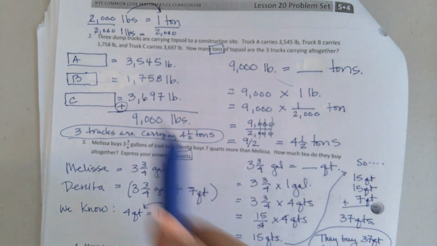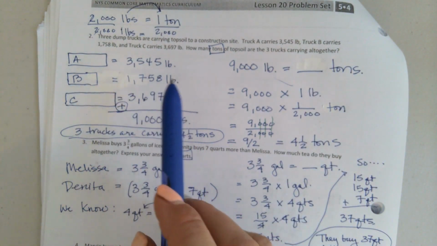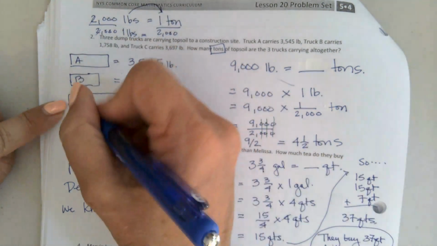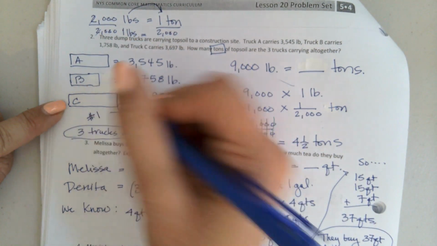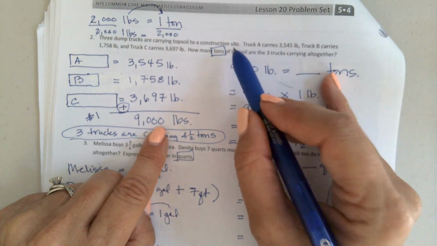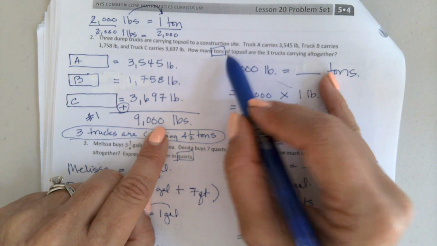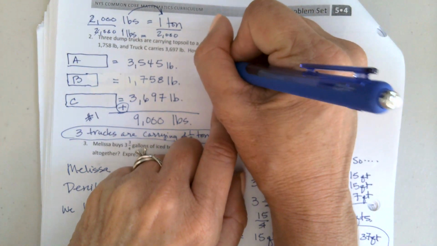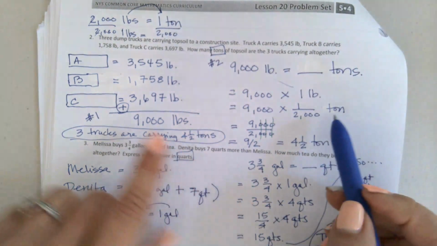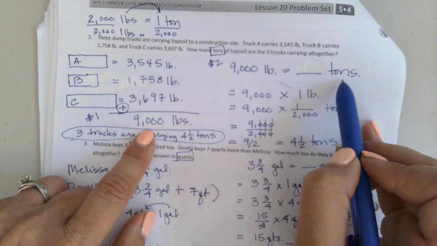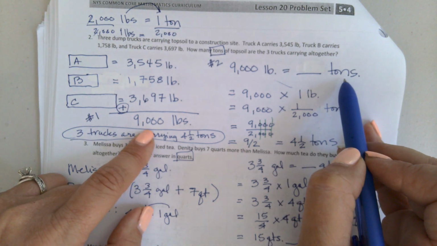Now, we have 3 dump trucks, truck A, truck B, truck C. This was step 1. I needed to figure out how many pounds I had all together because I'm going from pounds to tons. So I have 9,000 pounds. So this is step 2. I have 9,000 pounds and I want to figure out how many tons it is equal to.